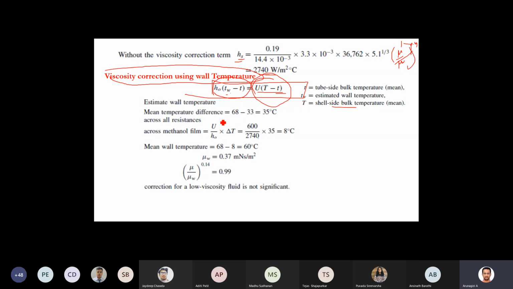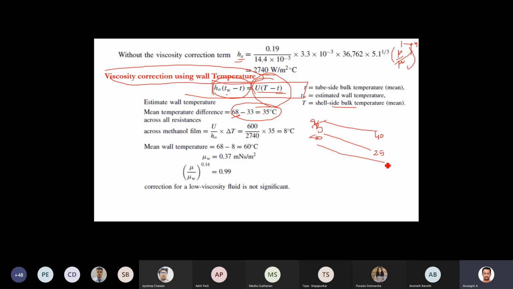The way to calculate it is h naught times (Tw minus T) equals U into (T minus t). Mean temperature difference is 68 minus 33. So what is the equation? U by h naught into delta T. The shell side fluid is 95, 40, and the tube side is 25, 40.